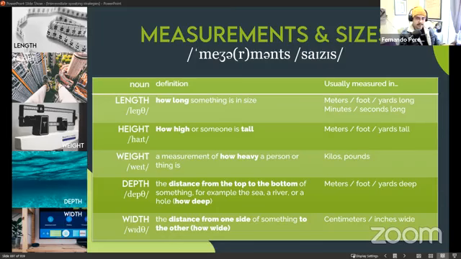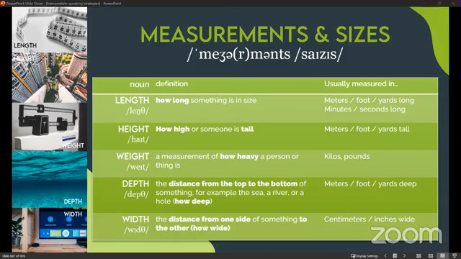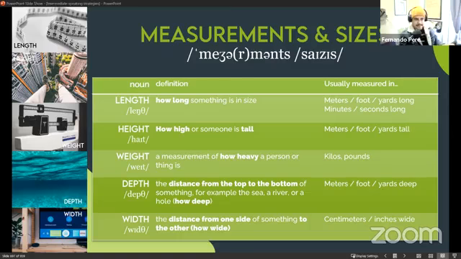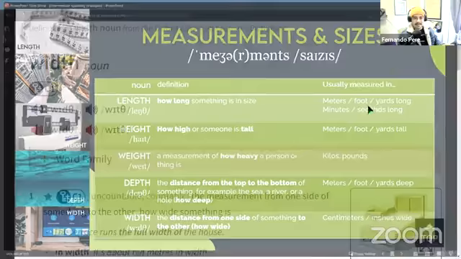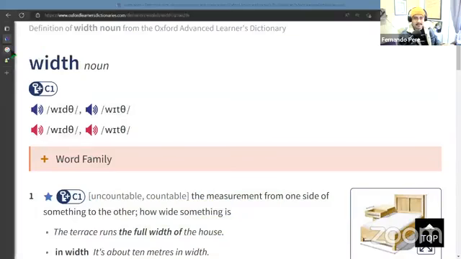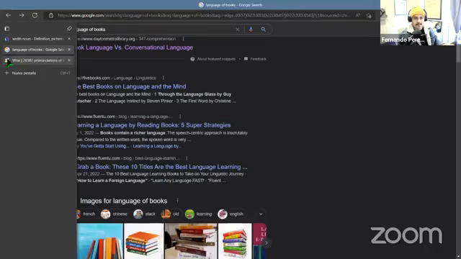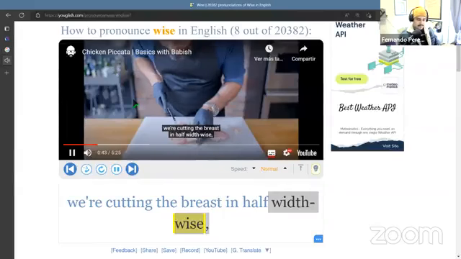Did you take your screenshot? Yes. Perfect. So those are measurements and sizes. All this can be described this way, using wise. Widthwise.